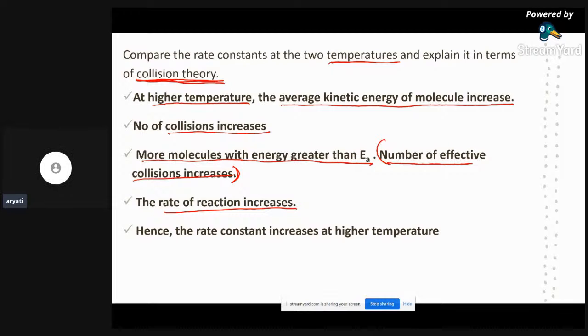So hence, the rate constant will increase at the higher temperature. So, okay, kamu mesti relate collision theory dengan temperature, kemudian kamu akan relate the rate constant dengan temperature.